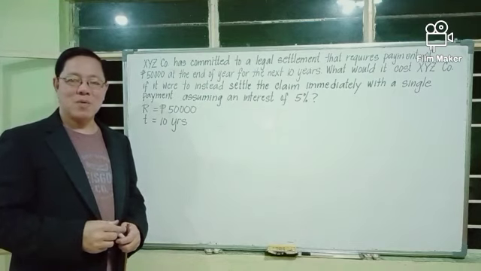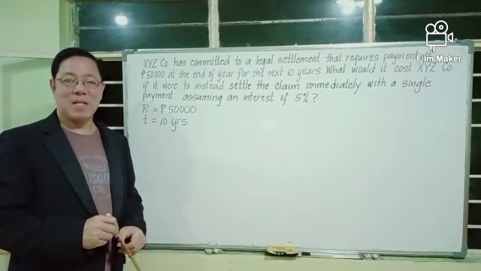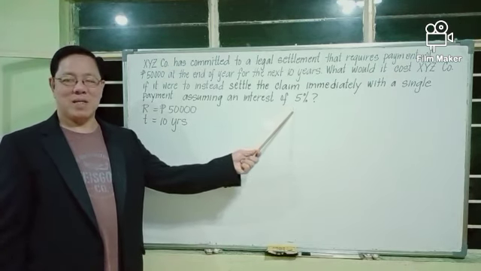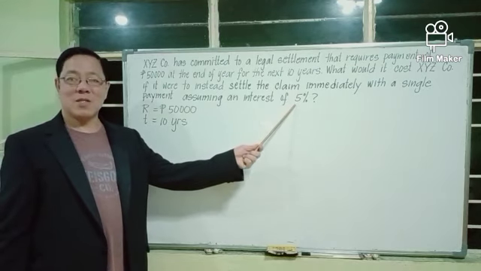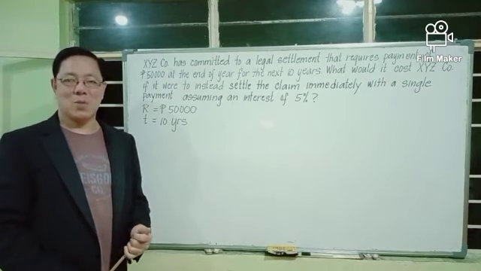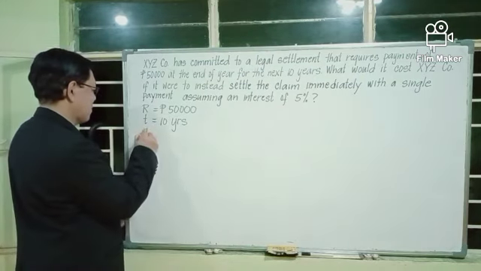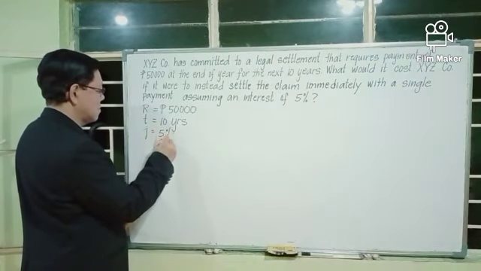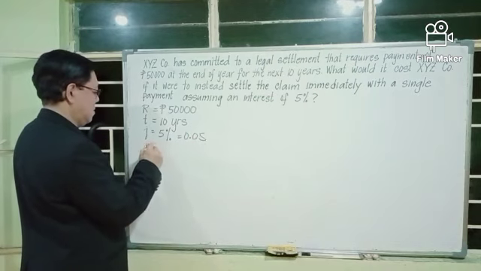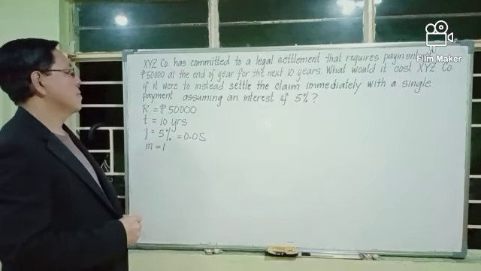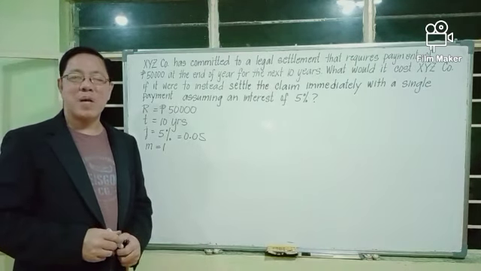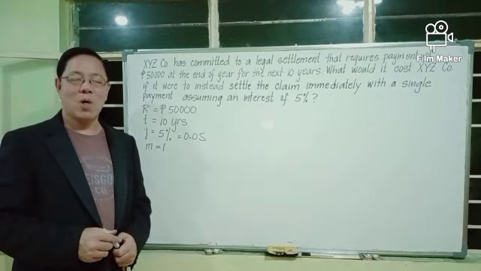And the company wants to make the settlement now with interest of 5% understood to be compounded annually. So 5% is J, in decimal is 0.05, and M is equal to 1. And as I said, the required here is the present value denoted by P of this ordinary annuity.